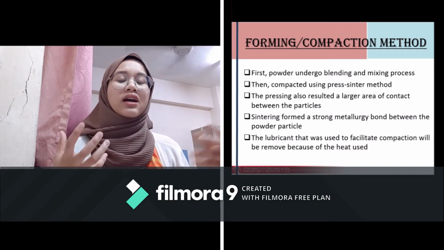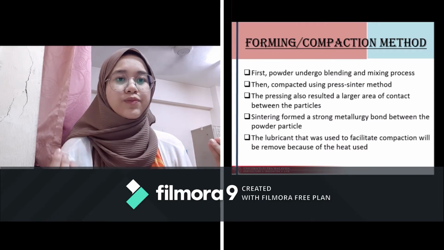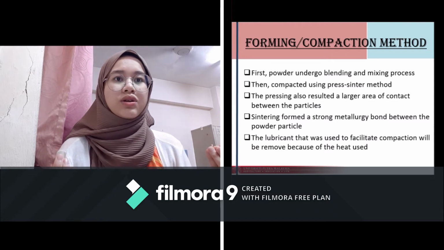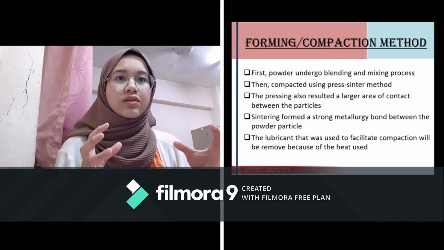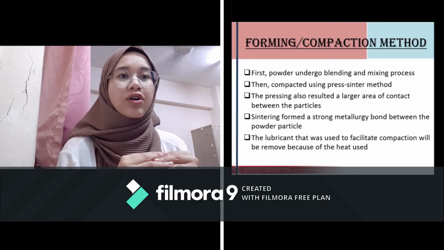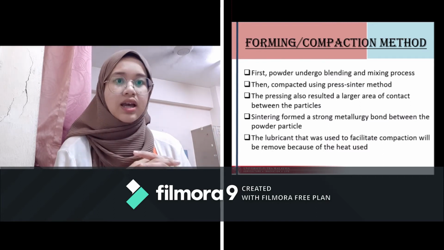Okay, and then the press sinter method will result in a larger area of contact between the particles.